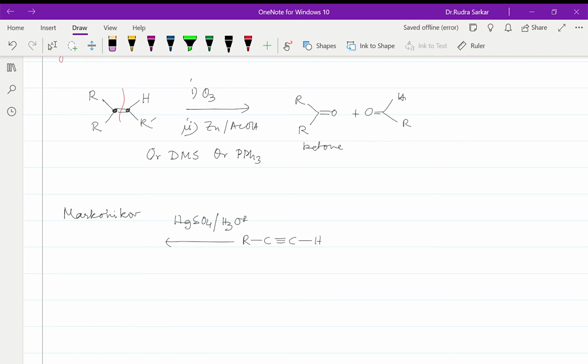Here we are considering the addition of water to the alkyne group. If it is Markovnikov type, that means in this case OH adds here and H will be adding here.